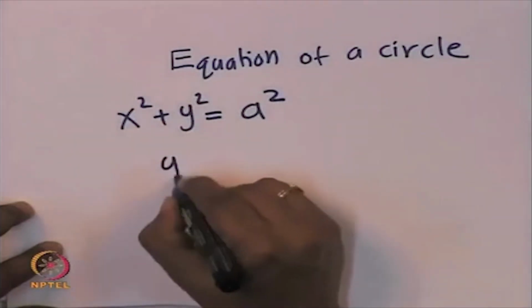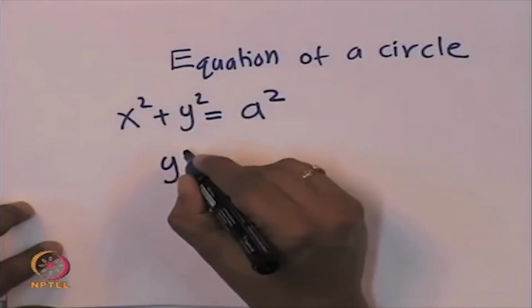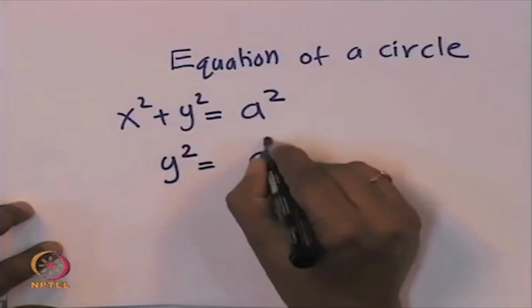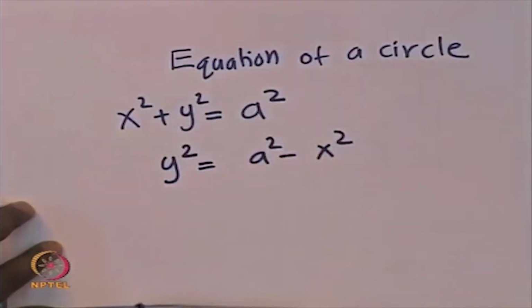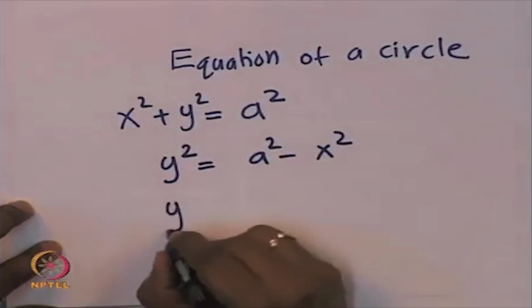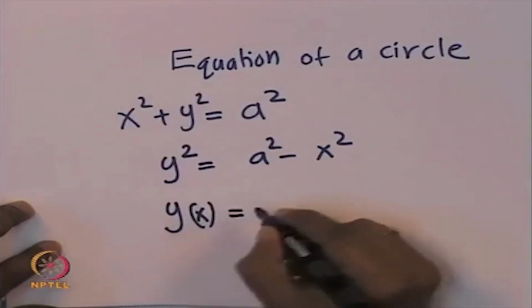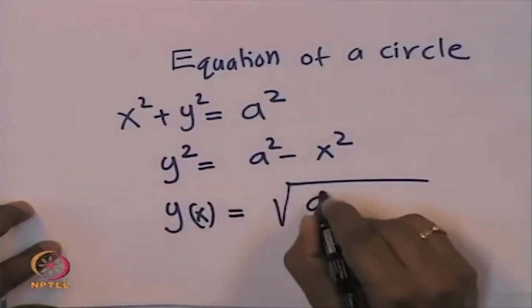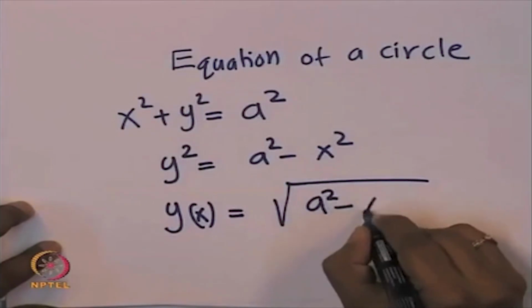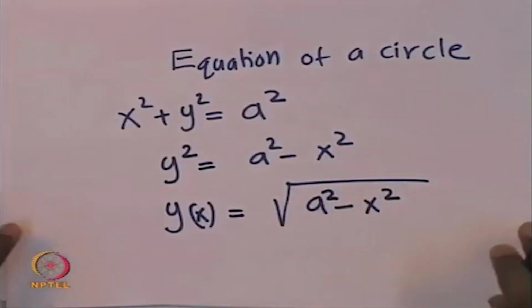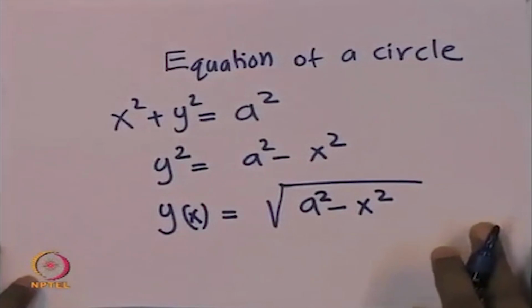In other words, y square is a square minus x square. In other words, y of x is root of a square minus x square. So, this is my y of x.